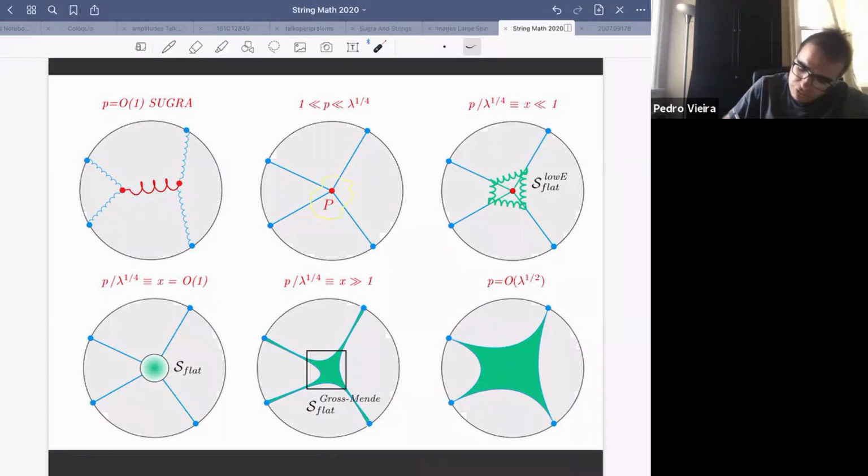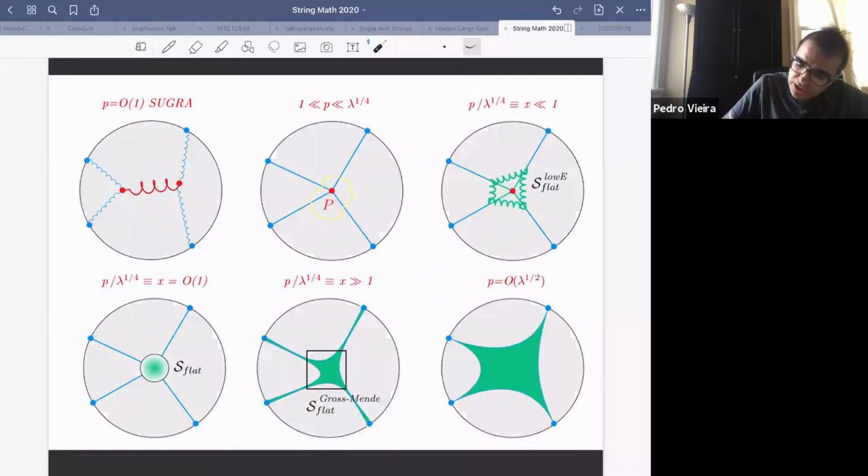So there will be some region of interaction, and the Feynman diagrams, in this case the Witten diagrams, would be localized close to this point, clearly starting to approach a flat space limit. This would still be in supergravity, but the diagrams would start to simplify and localize.